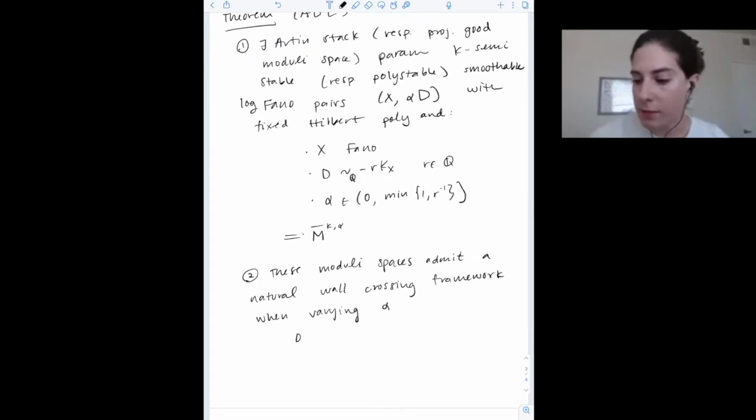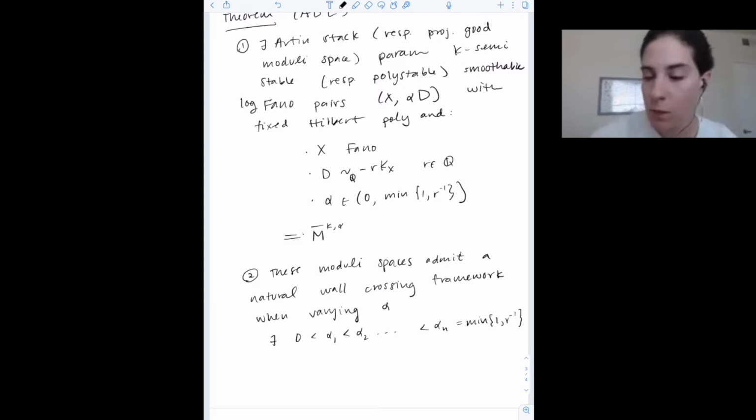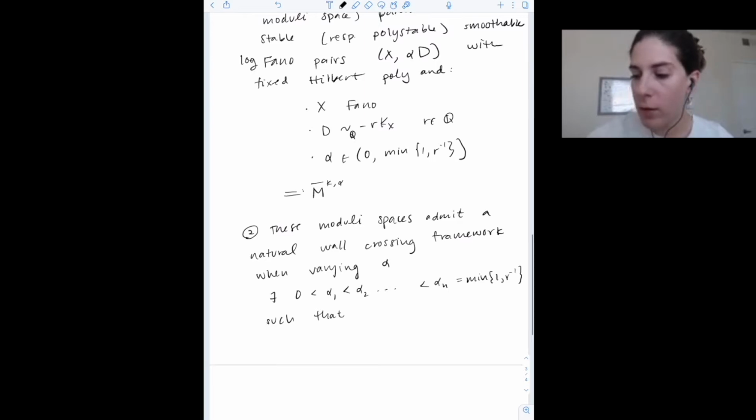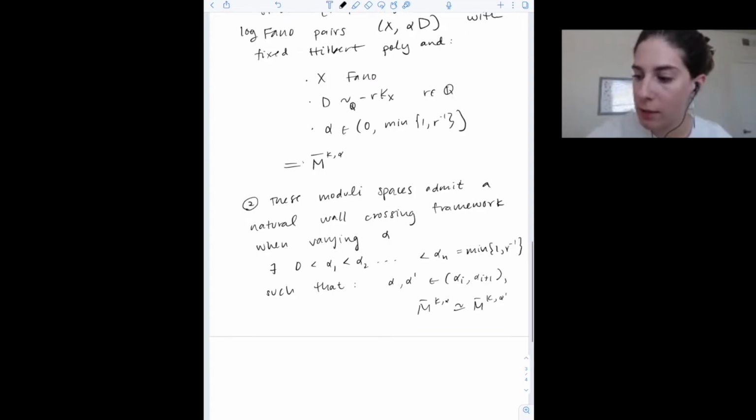And by that, I mean, maybe the usual picture for wall crossings, there are rational numbers alpha 1 up through alpha n, which is the max alpha could possibly be, such that as long as alpha and alpha prime are in the same interval between these walls, we get the same moduli space, or the same moduli stack.